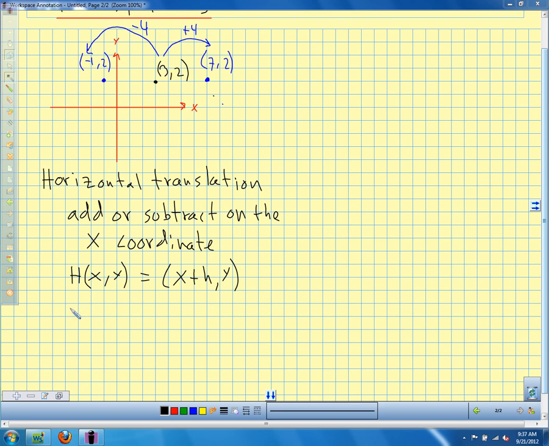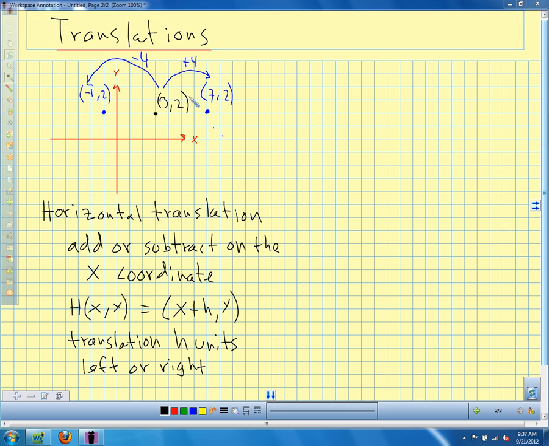And this is a translation h units left or right. So to move left or right, I just add or subtract a number from the x coordinate. That's all I have to do to move left or right.